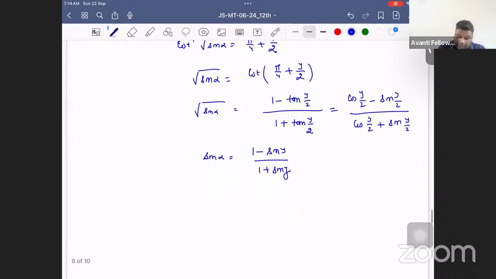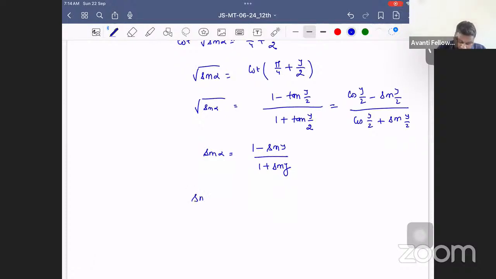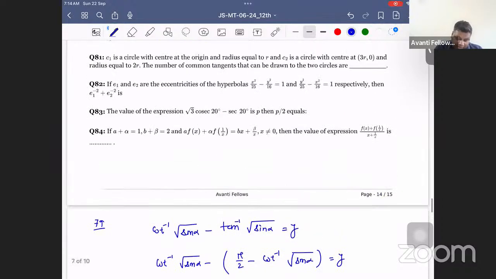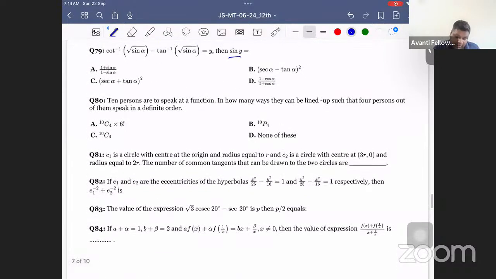Am I clear? Now, if you cross multiply, it is sine alpha plus sine alpha sine y is equal to 1 minus sine y. So sine y will be 1 minus sine alpha upon 1 plus sine alpha. We got the value as such, but they are asking in terms of something.